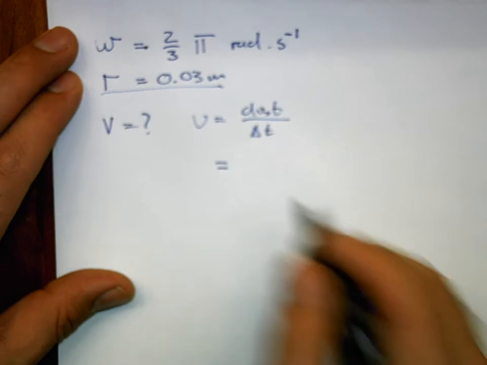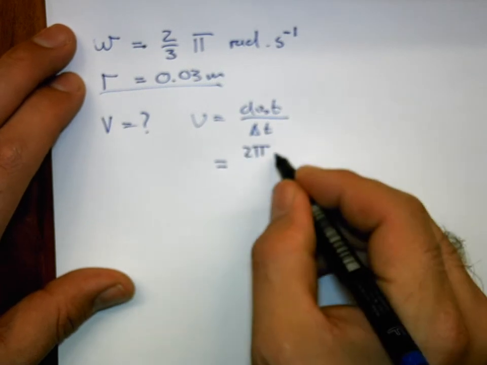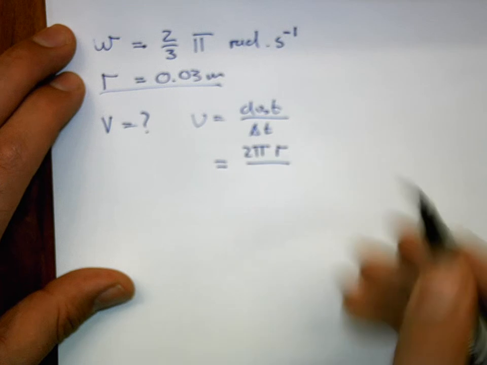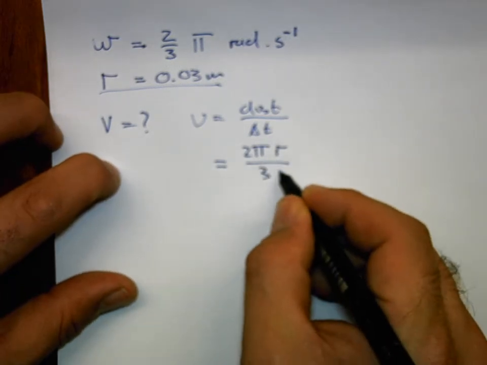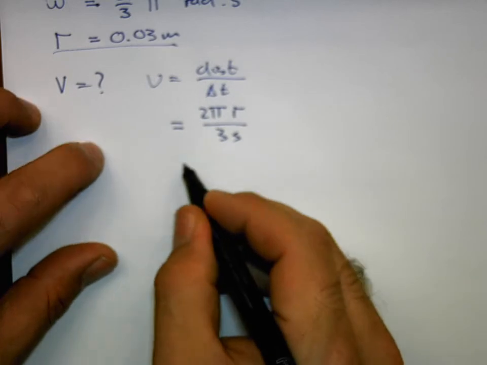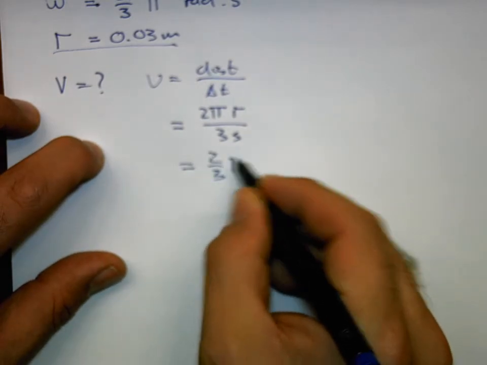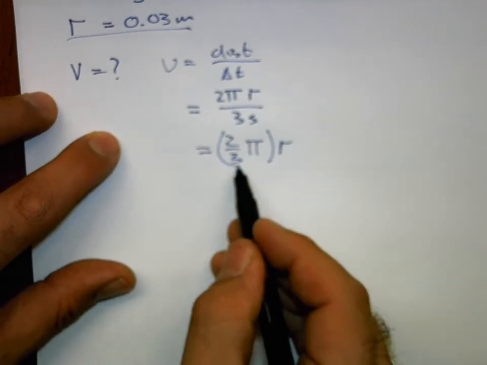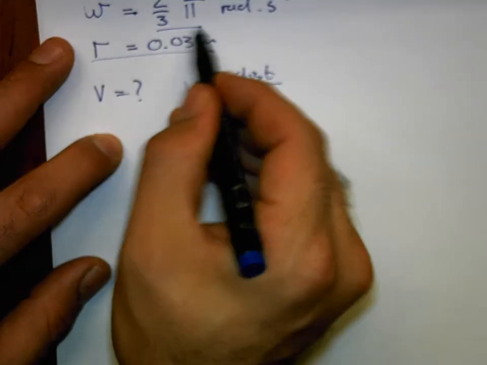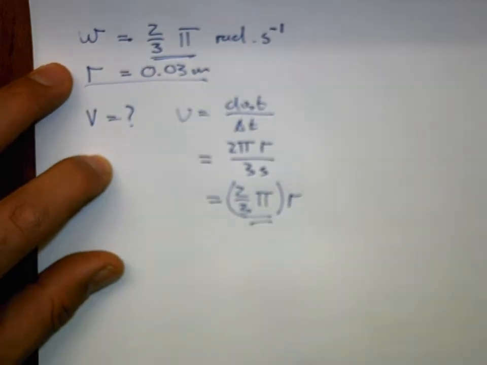For a full rotation, the distance traveled is just the circumference. So it's 2 pi times the radius divided by the time taken, which in this case was 3 seconds. This just is 2 over 3 pi times r. Now 2 over 3 pi we found was just the angular speed to begin with.